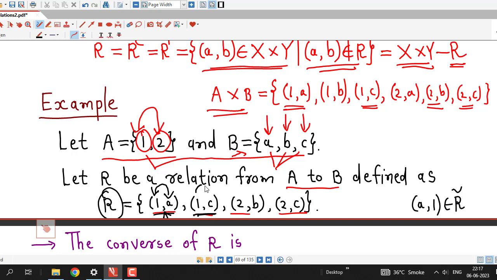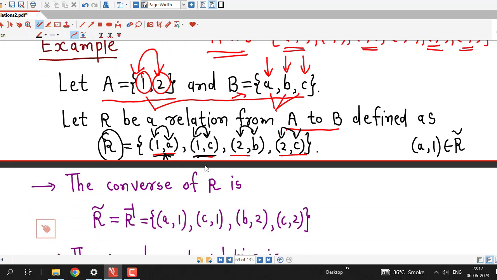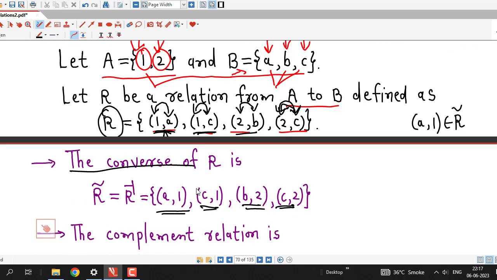Similarly here, if we interchange the order of members, we have (C, 1), then (2, B) gives (B, 2), then (C, 2). So by interchanging the order of members in each of the ordered pairs in a given relation, we obtain the converse of a relation. Here the converse of the relation is written as I discussed.